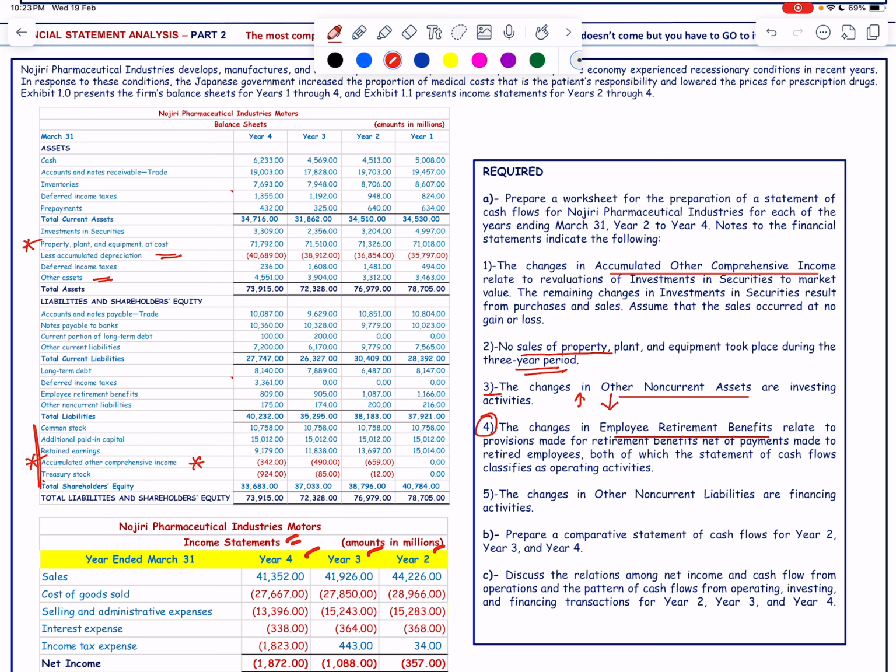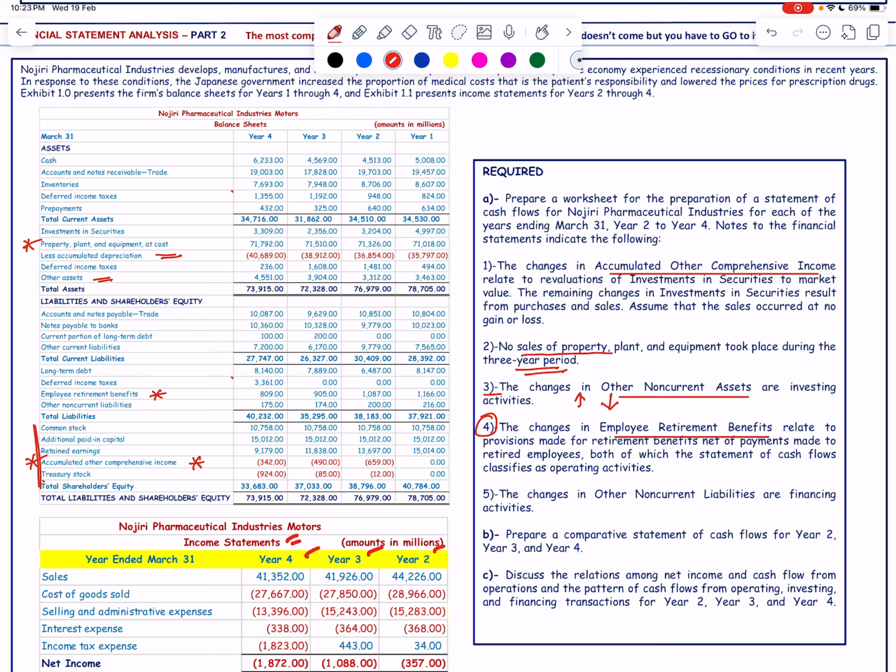We move on to number 4, the changes in the employee retirement benefits. Now, we have the employee retirement benefits over here, and when preparing the cash flow statement, changes in the employee retirement benefits, such as provisions made for retirement benefits and payments made to retired employees, are classified as operating activities because they are related to employee compensation and typically reflect the company's operating obligations.